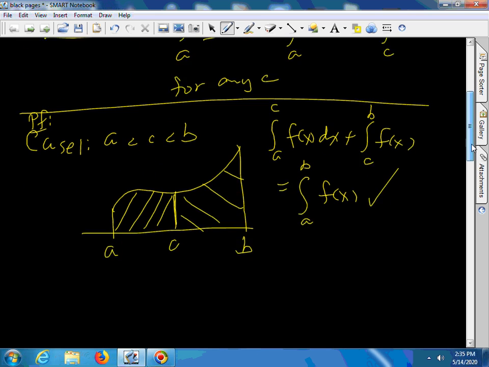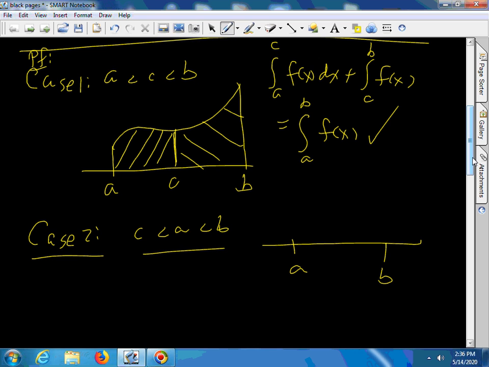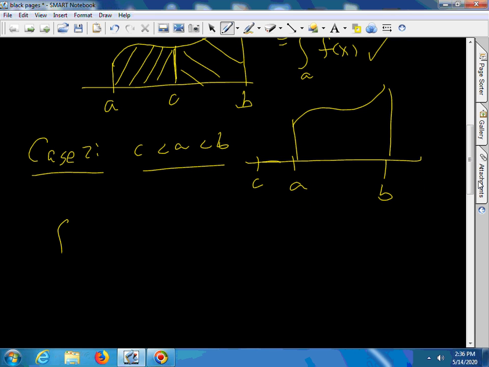Okay, now let's look at case number 2, where, say, C is less than A. So our picture looks a little bit different. We still have the same area that we want, but we go to C. Okay, so now the integral, so the graph goes further.